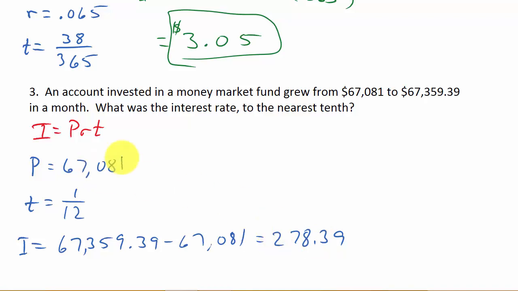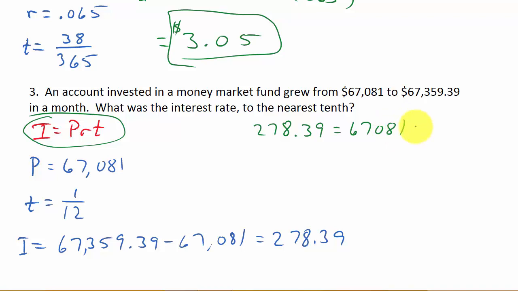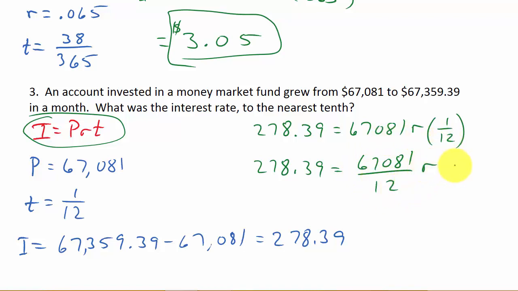So now let's plug everything in. We're going to plug it into this formula here. So I get 278.39 equals P, which is 67,081, times R times T. That's going to give me 278.39 equals 67,081 over 12 when I multiply those two, times R. Let me erase this.